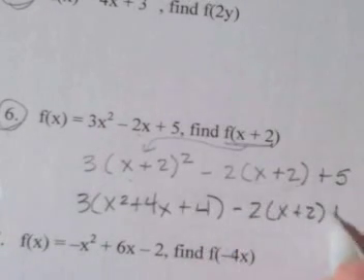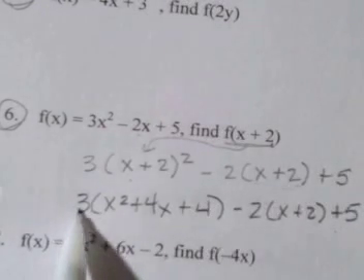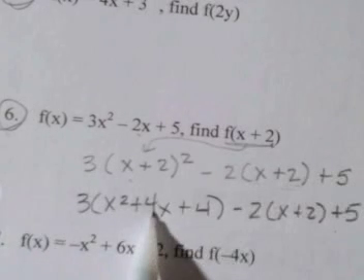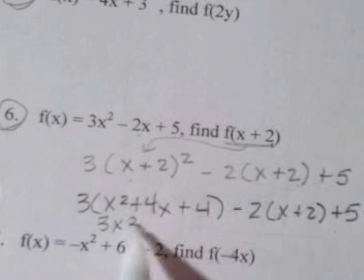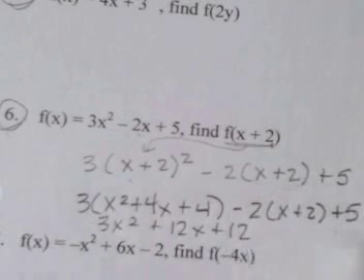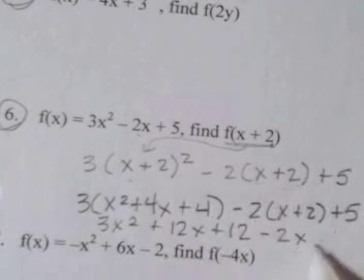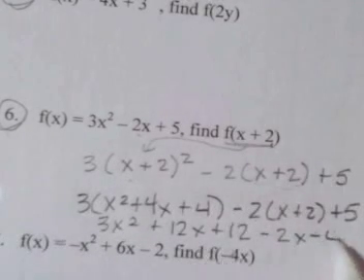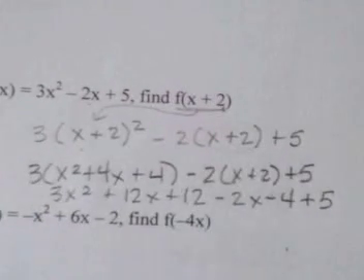So I just finished copying down the rest of the problem, and then I notice I need to use my distributive property. This is 3 times x squared, 3 times 4x, and 3 times 4. And this is negative 2 times x, and negative 2 times 2, plus 5. We'll probably have some like terms here.